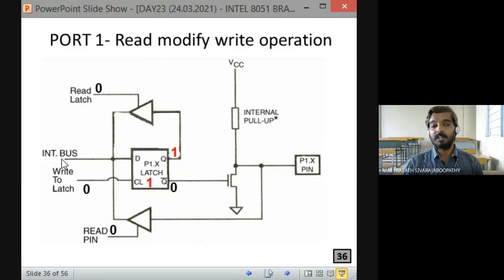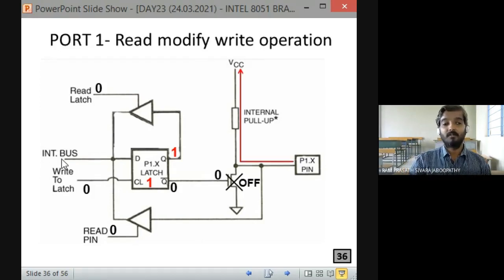Fine. What about the condition of the transistor? Off state. So it is going to be an open circuit. So it is pulled high due to the pull-up circuit. So we have logic 1. So if the latch has 1, the pin has 1.